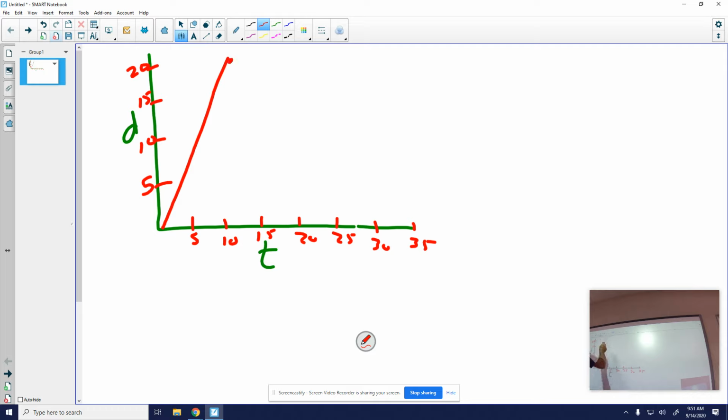Then we're going to pause there, and let's say it's a 5-second pause because we're pretty quick about grabbing the mail. Then let's say we run all the way back at 4 meters per second, so it just takes us 5 seconds to come back. Then we pick up speed on the way back to the mailbox.